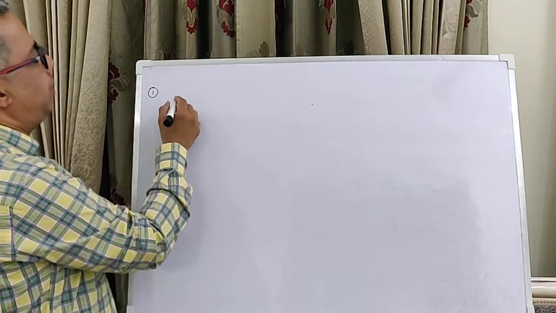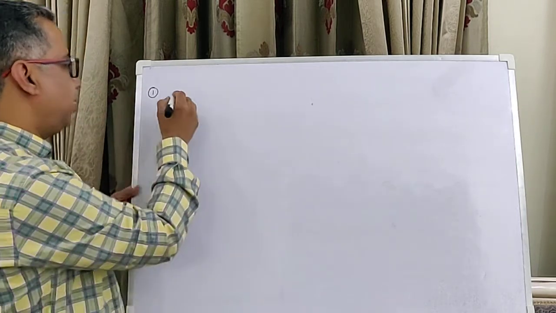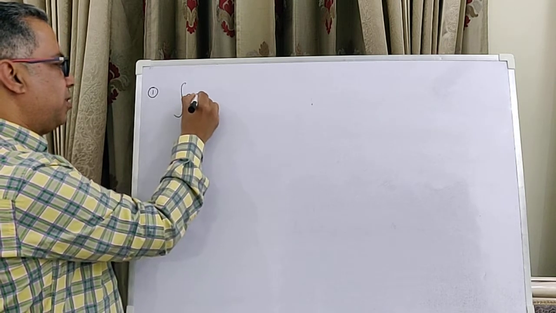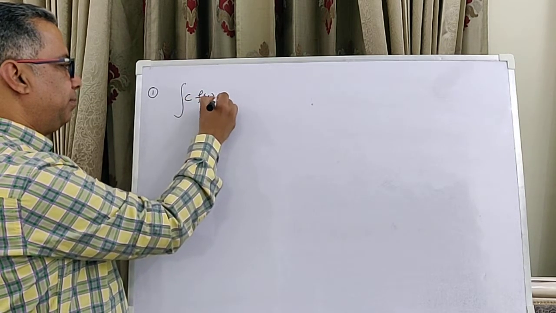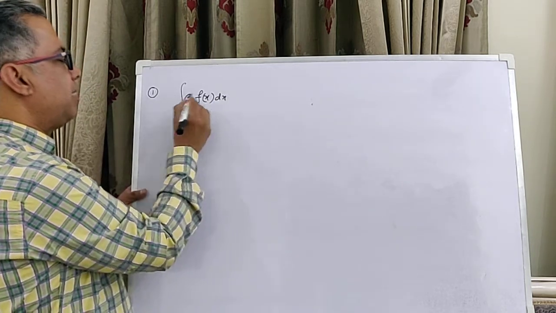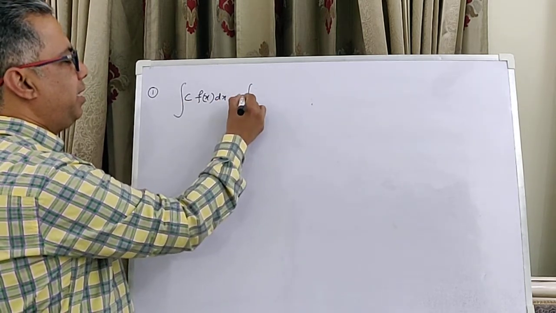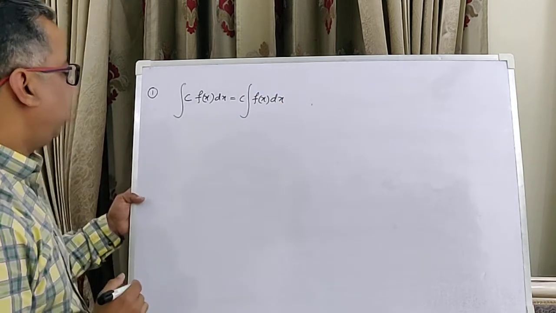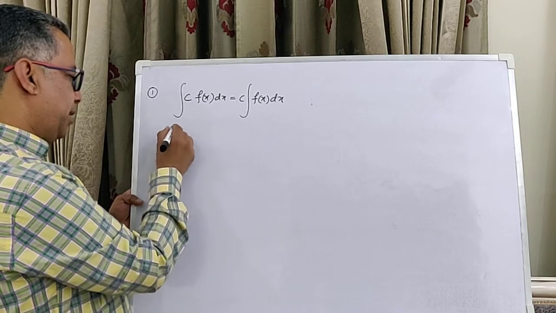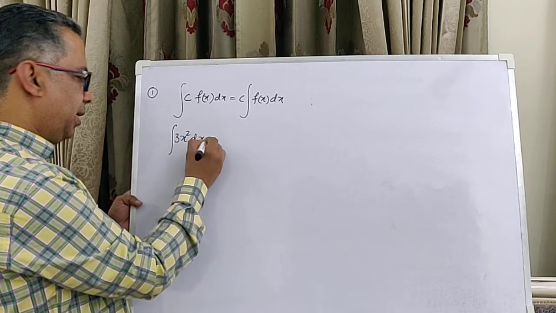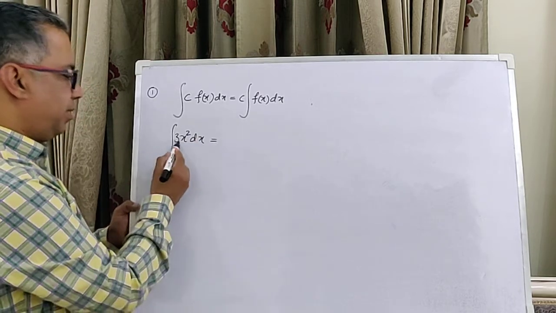The first thing you need to understand is that when you're integrating and you have a constant times a function in this manner, then the constant comes out and you simply integrate the function. So for example, you had 3x squared dx. When you integrate, the 3 came out.